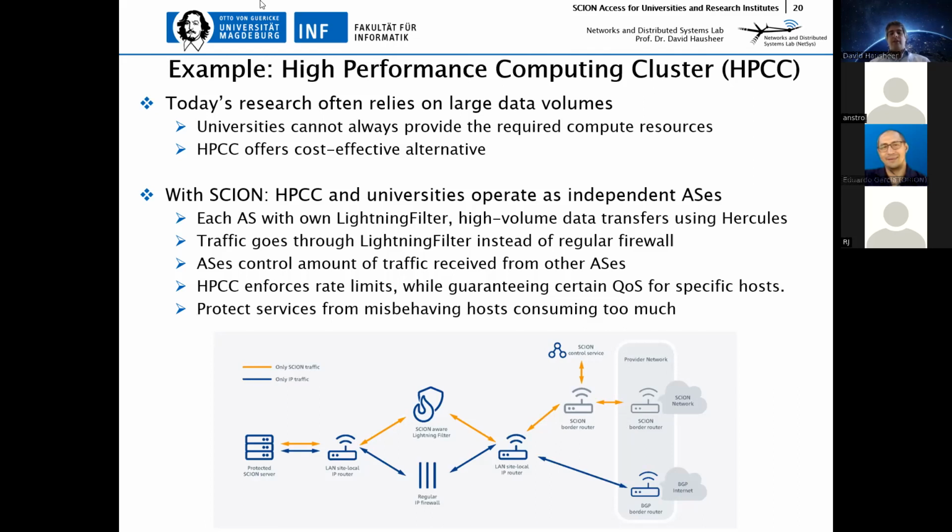Now, with lightning filter, traffic can pass through it instead of going through the regular firewalls, where it would potentially be throttled down because the firewall is simply not able to deal with such huge data volumes. Nevertheless, ASs remain in control of the amount of traffic that they may receive from other ASs.